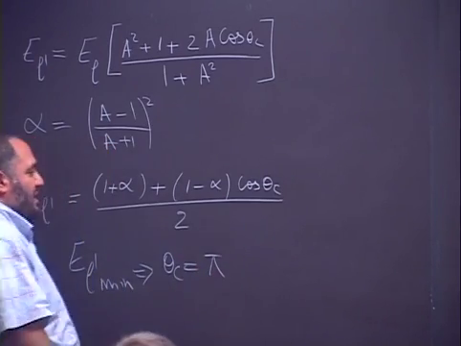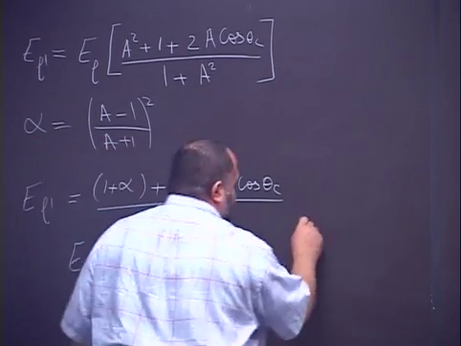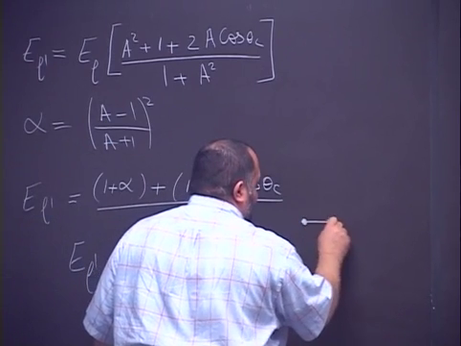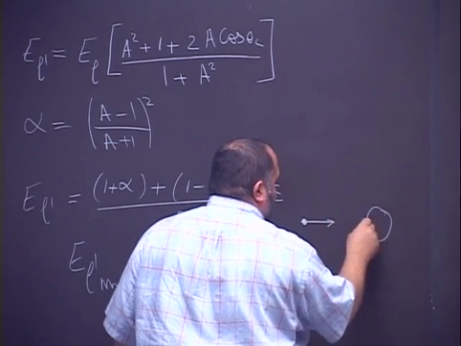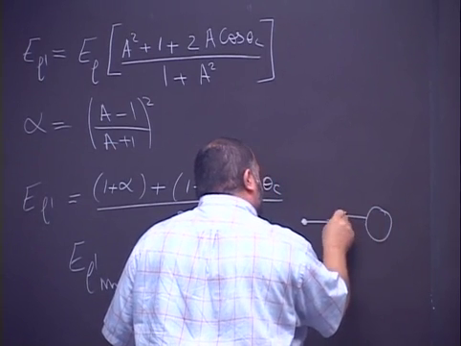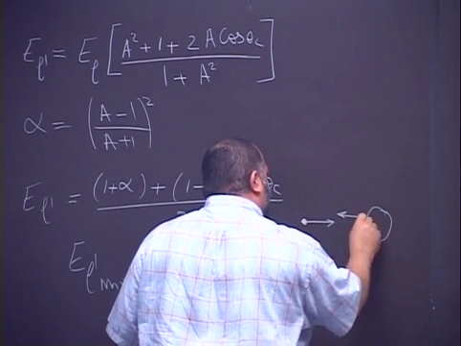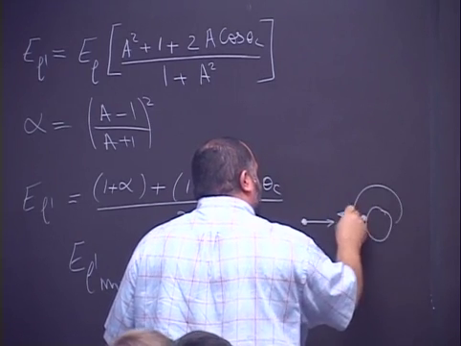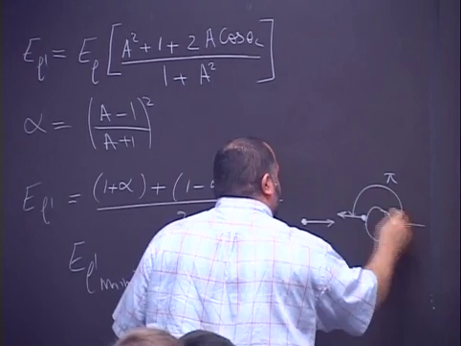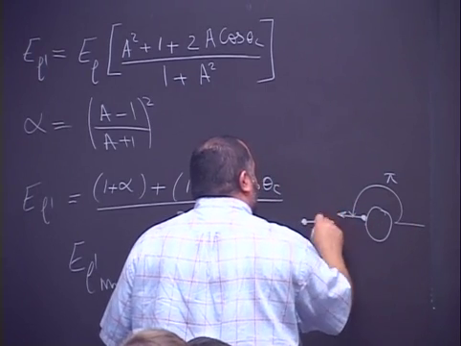This is called backscattering because the neutron will just bounce back from the nucleus. The neutron will come, make the collision, then bounce back from the nucleus, and this angle of bounce back will be just 180 degrees.